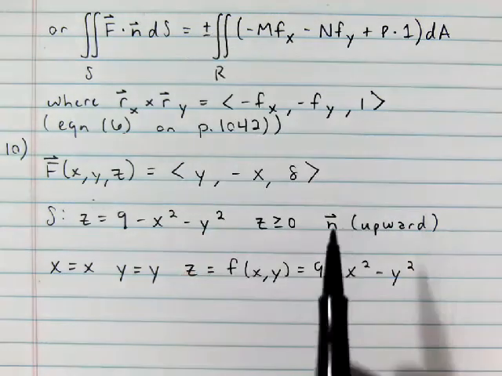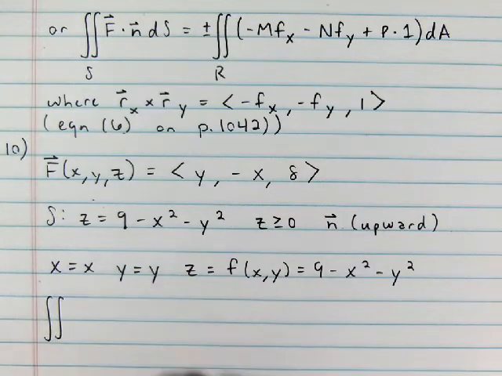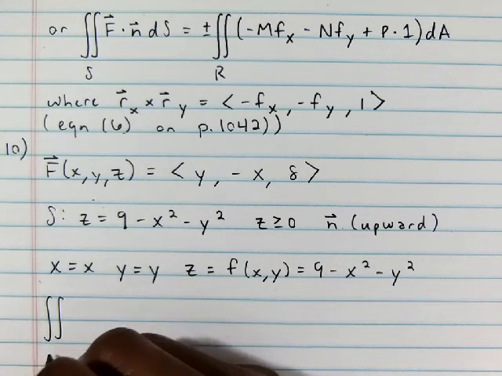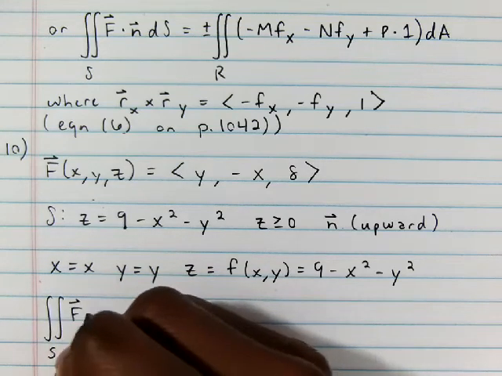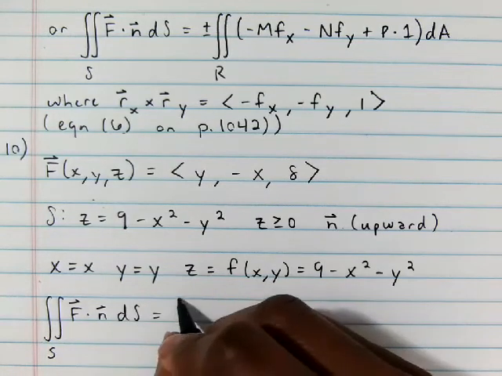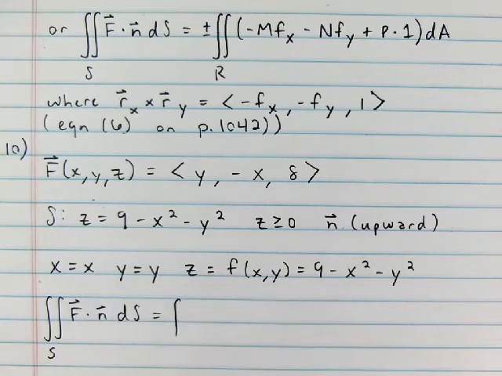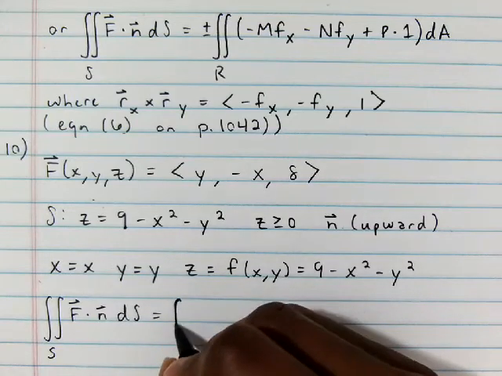So that means the integral that we want is the surface integral over S of F dot n dS equals, oops, I forgot about my bounds for my parameterization. I'll do that part in just a second.